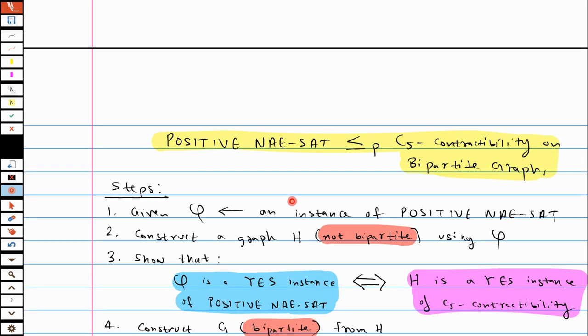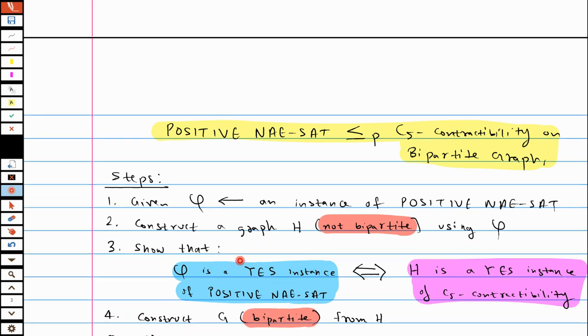So we want to reduce positive NAE-SAT to this problem. We will be given an instance of positive NAE-SAT, and then we'll construct a graph from this phi, which we will call H. This graph will not be bipartite, and we'll show that phi is a yes instance if and only if H is a yes instance.